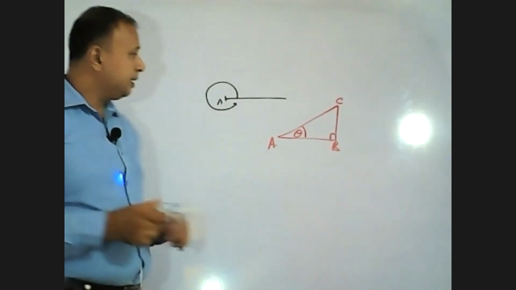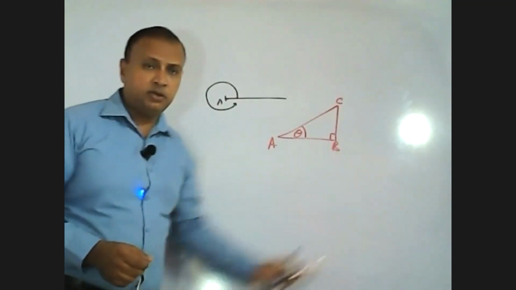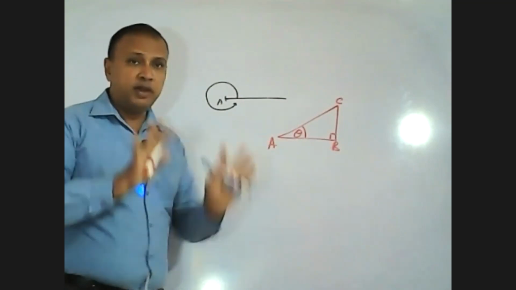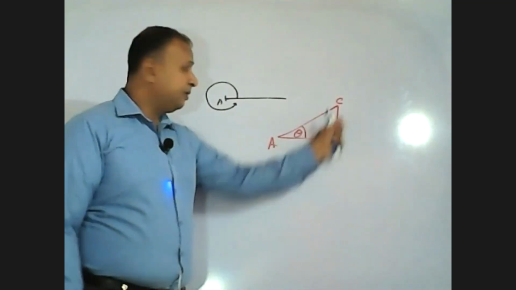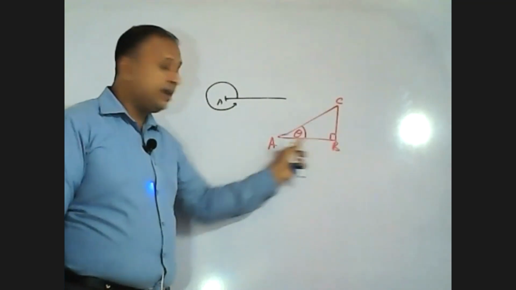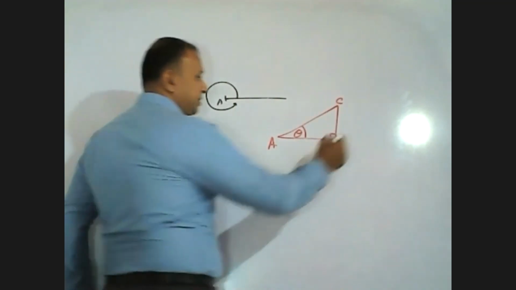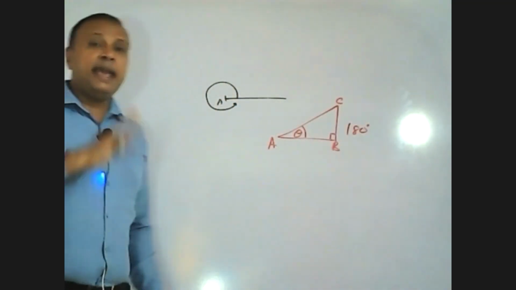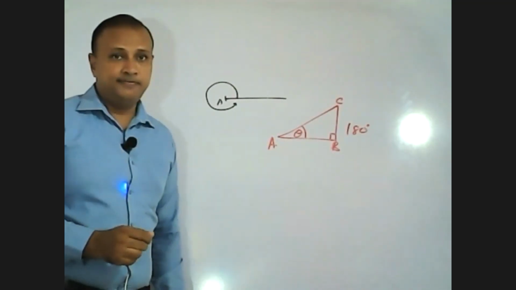But if we define trigonometric ratios using a triangle, it is limited to 180 degrees, no? Because the sum of the 3 angles of a triangle is equal to 180 degrees. So we cannot get any angle more than 180 degrees using a triangle.